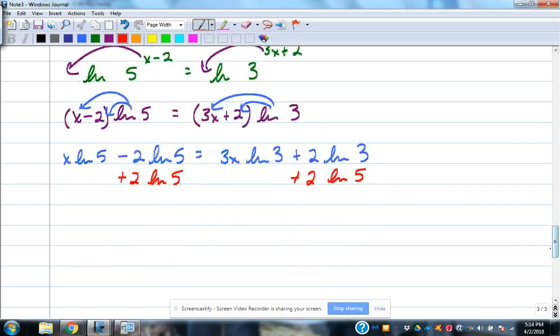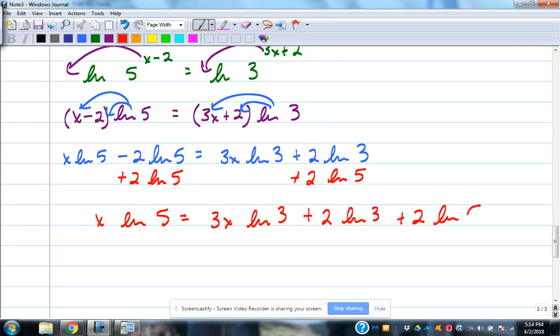So if I do that, I get x natural log of 5 equals 3x natural log of 3 plus 2 natural log of 3 plus 2 natural log of 5. Then I'm going to do what y'all said. You said subtract this guy to the other side so that all the x's are on the same side. So minus 3x natural log of 3, minus 3x natural log of 3.